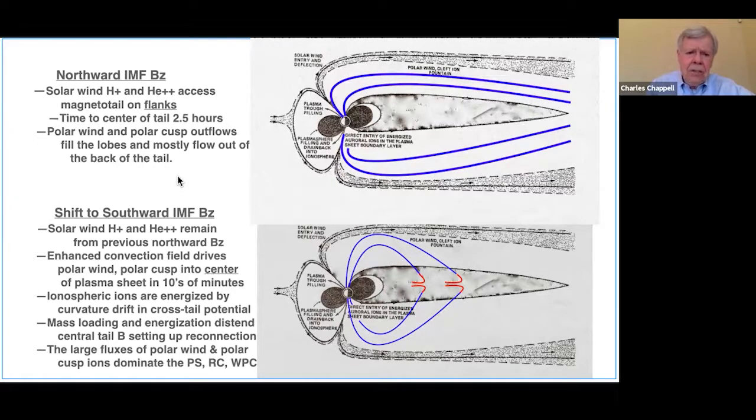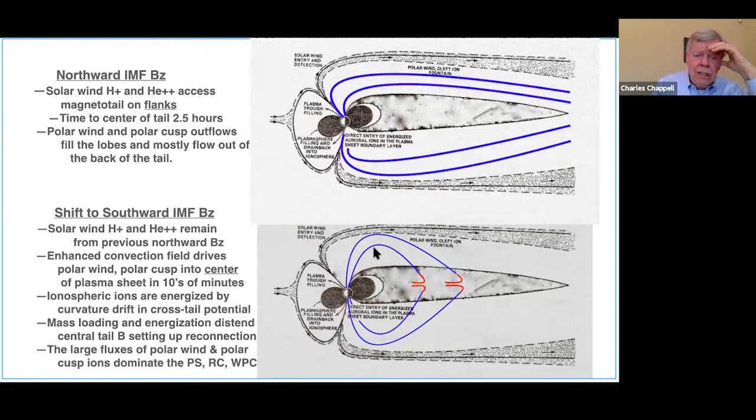Then the solar wind shifts to southward Bz, and the H+ and He++ are still there because they came in earlier and populated. But the enhanced convection field drives the polar wind, instead of it flowing out the tail, into the plasma sheet. And the stronger the southward Bz, the closer in it comes. And once it comes into the plasma sheet, it gets energized.